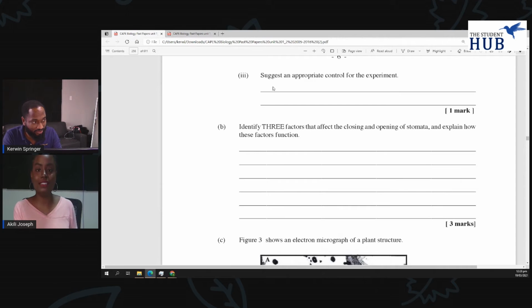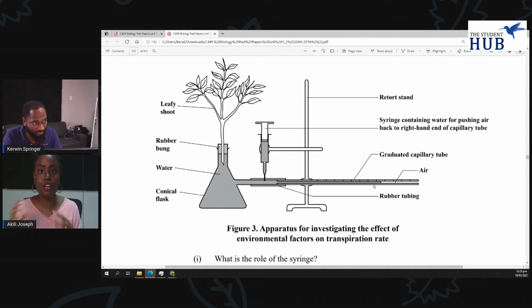Then we can see the effect of coating either the top or the bottom surface on transpiration rate. And remember, the conclusion we're making here is that the more water being lost means that there are more stomata, or more holes, for the water vapor to move through. So one control would be to set up this apparatus with no Vaseline on the leaves, to know what the normal transpiration rate is, or the normal amount of water lost from your setup.